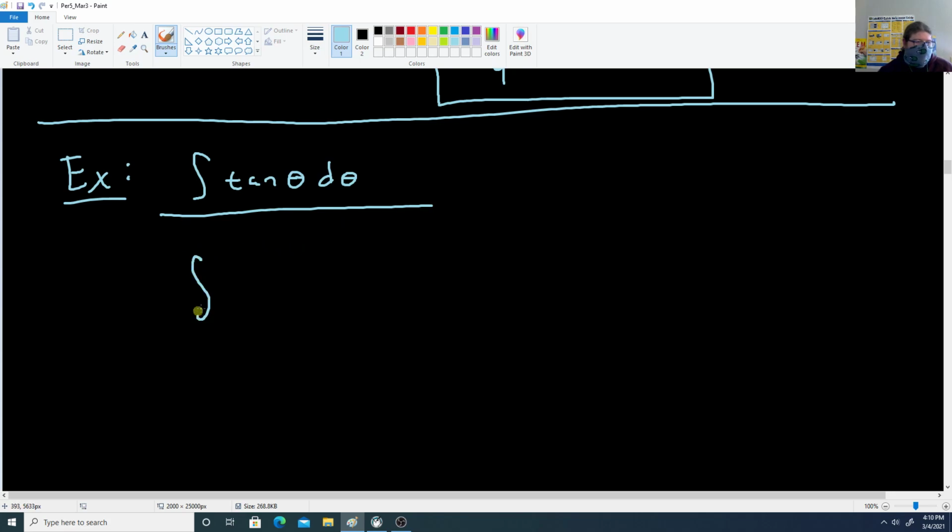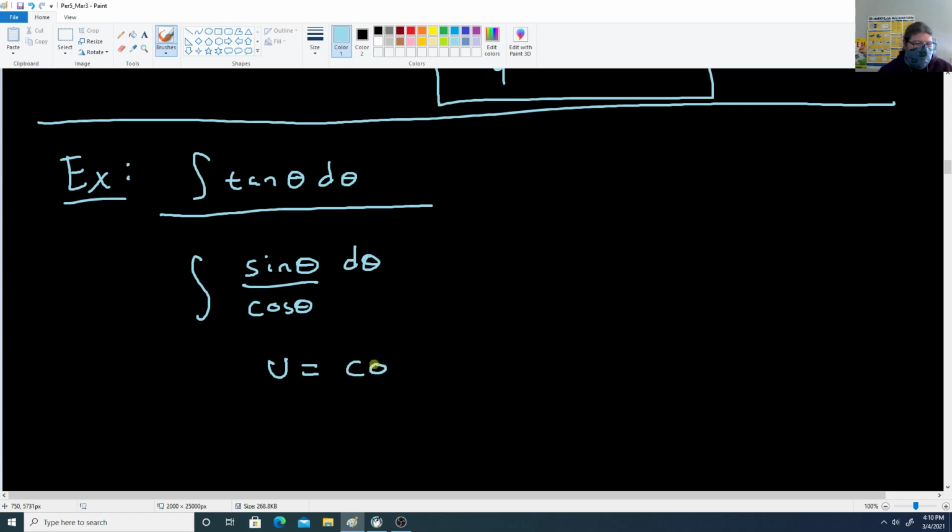So I'm going to say tangent, if we remember, is sine of theta over cosine of theta, and we have a d theta up here. So sine of theta is on the same level as the d theta. So if I can choose u so that my du is something sine of theta d theta, I can get this to work out and be able to do this integration with respect to u.